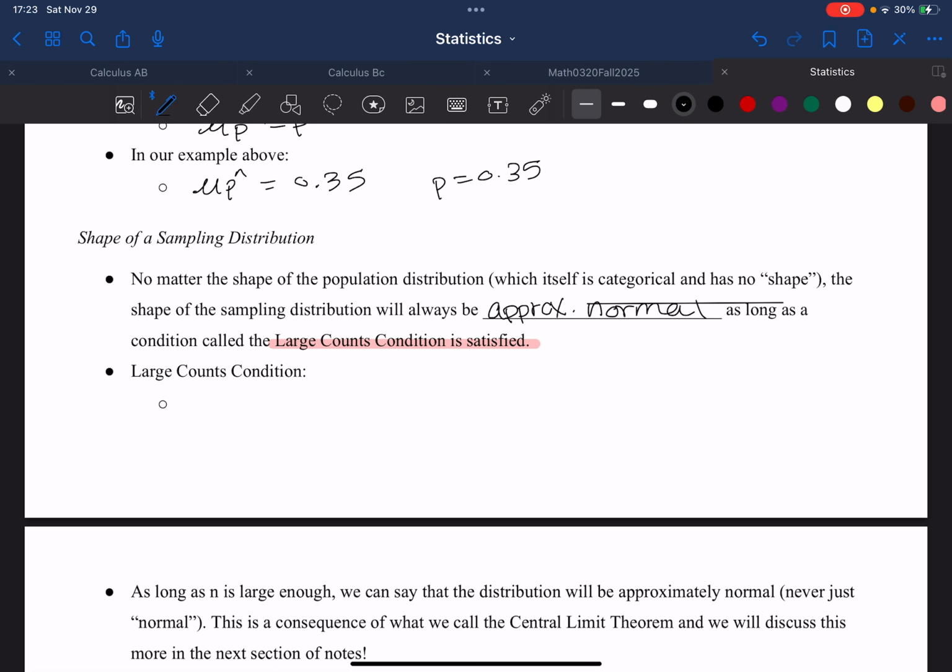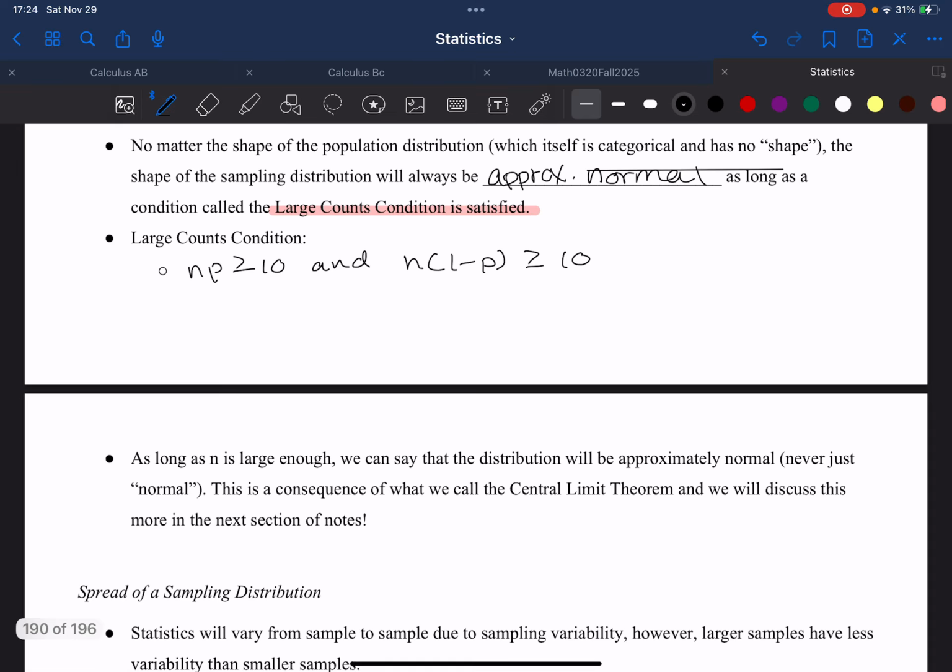The large counts condition states that np is greater than or equal to 10 and n times 1 minus p is greater than or equal to 10. This means that the sample size times the probability of success is greater than or equal to 10, and the sample size times the probability of failure is greater than or equal to 10. As long as n is large enough, we can say that the distribution will be approximately normal.